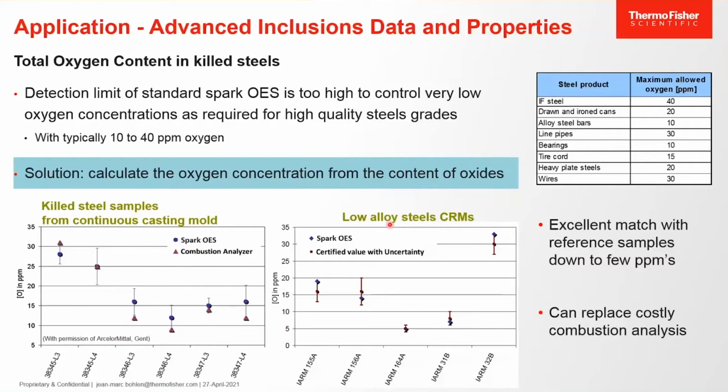On the right side, we have measured certified low alloy steel samples. So we compare the Spark OES result in blue with the certified value of the samples. And here again, you can see that for all the measured samples, down to a few ppm, there is an excellent match with the reference.